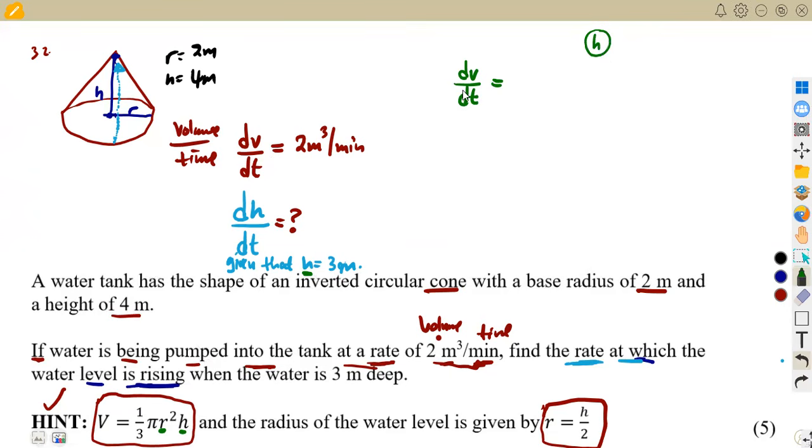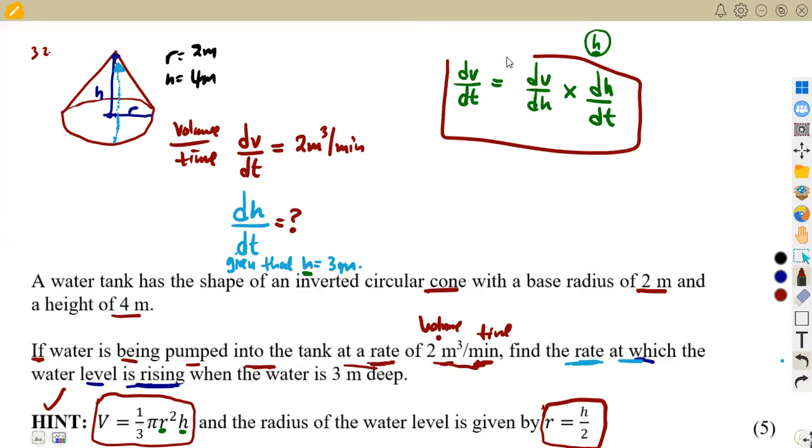It is the derivative of volume with respect to height, times the derivative of the height with respect to time. Remember those formulas that we listed when we had height and radius. So this was the proper formula that we're supposed to use.